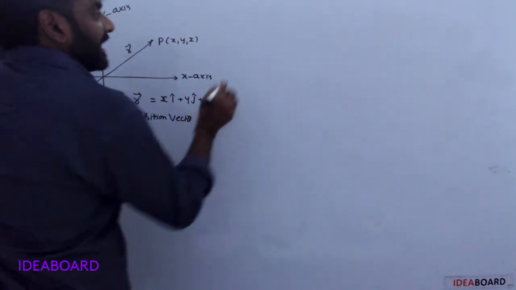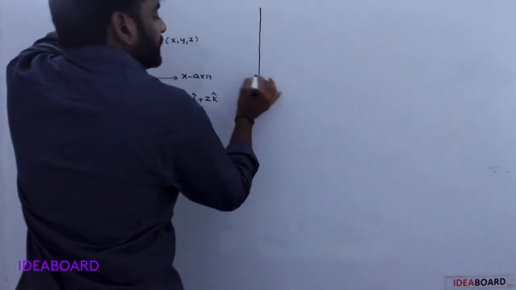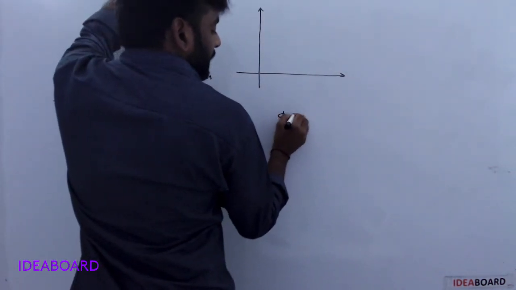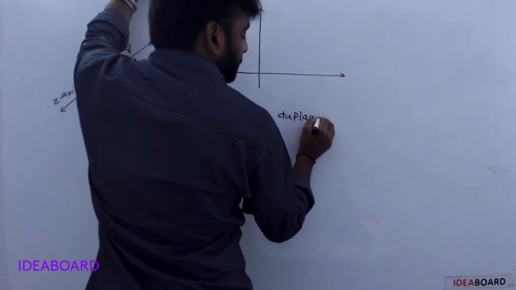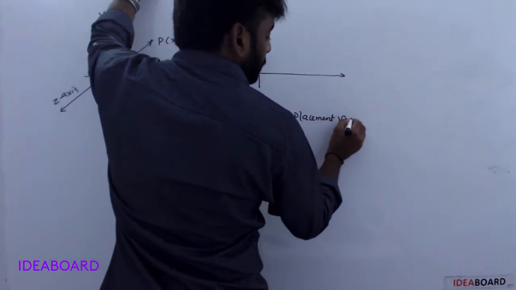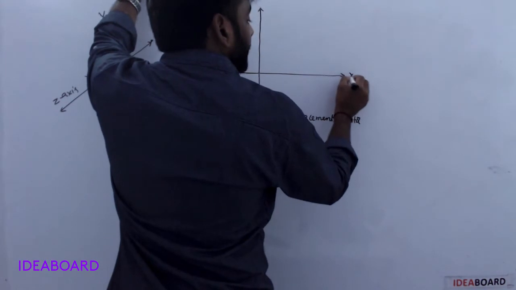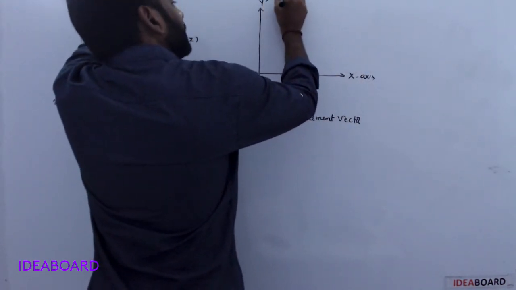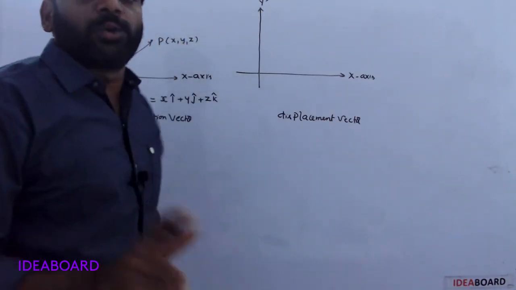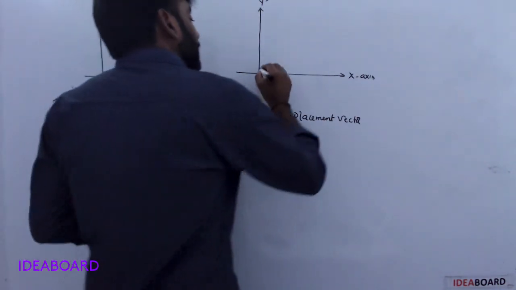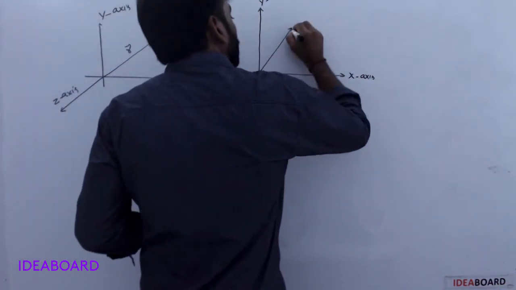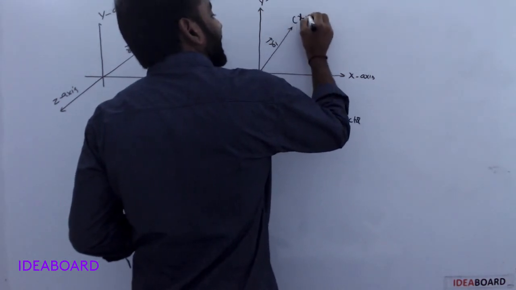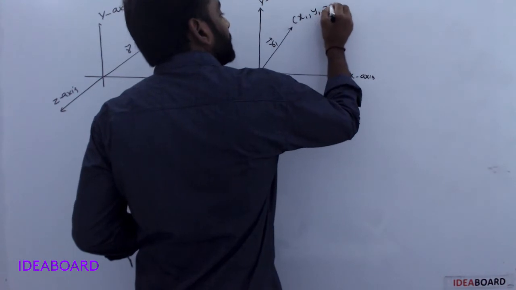Next, displacement vector. Okay. Here x axis, y axis. Here I consider only two dimensional. R1 bar represents the particle's initial position x1, y1, z1.